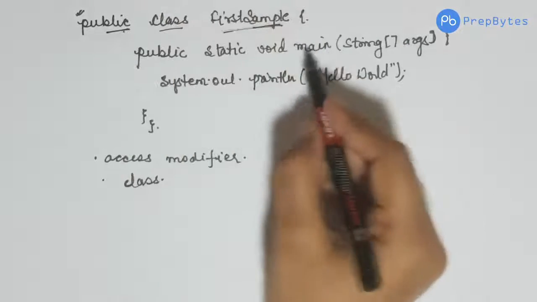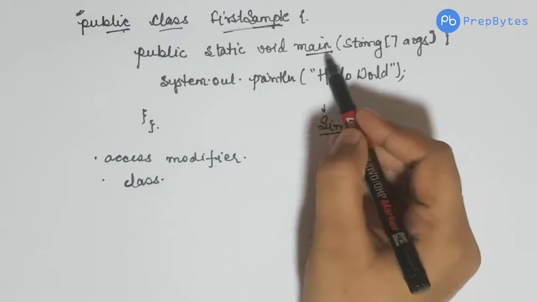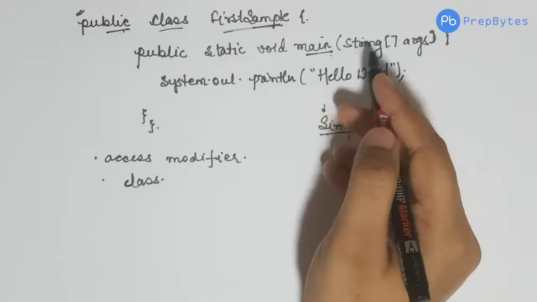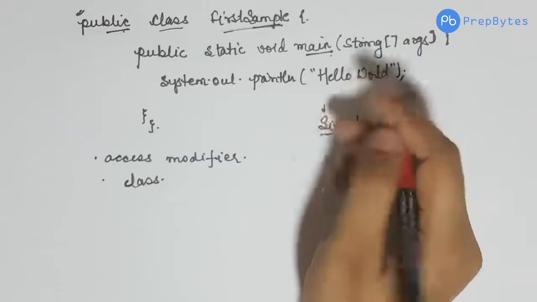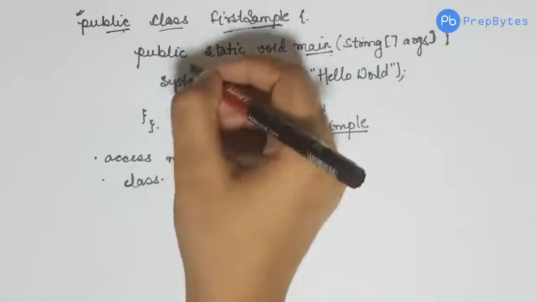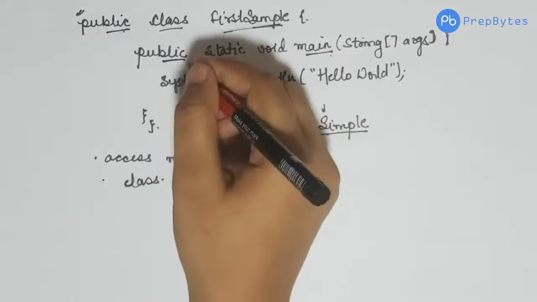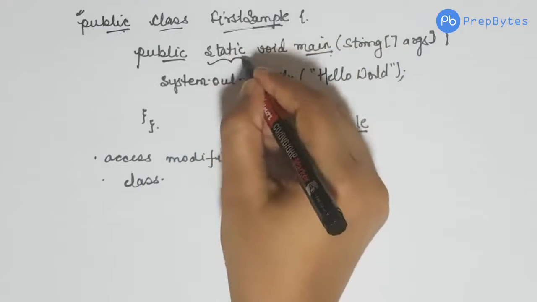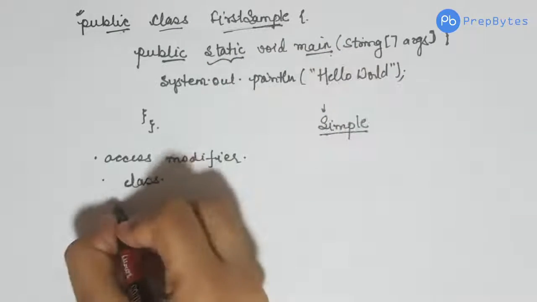Coming here, this is main. Whenever you run a Java program inside a JVM, the JVM searches for main and starts the execution from the main function. And this is again an access modifier for this method. Static here is a keyword.